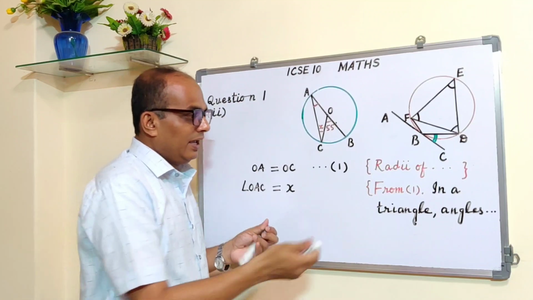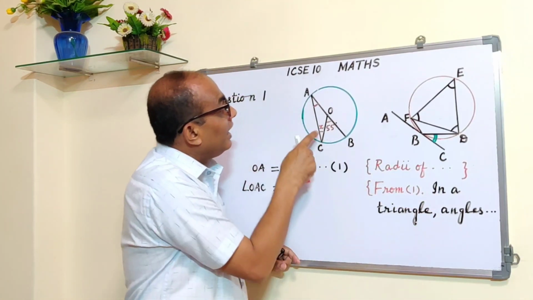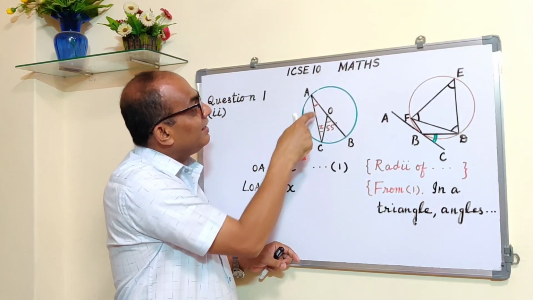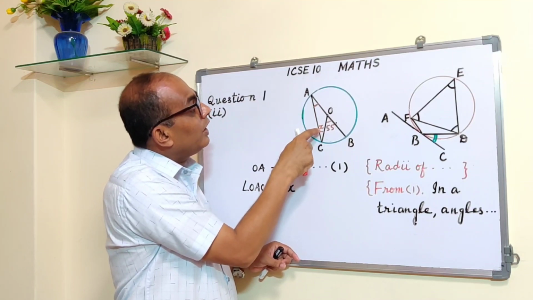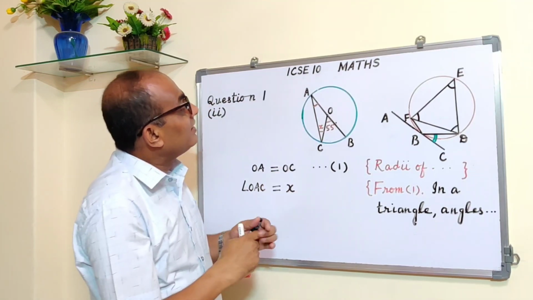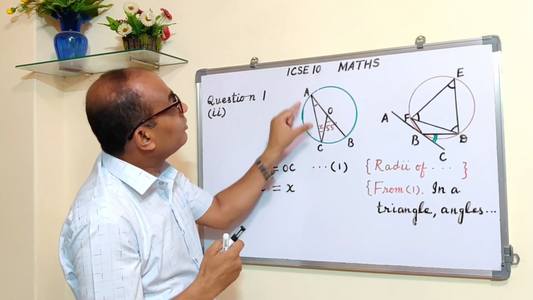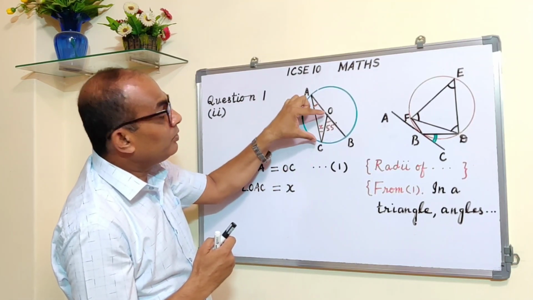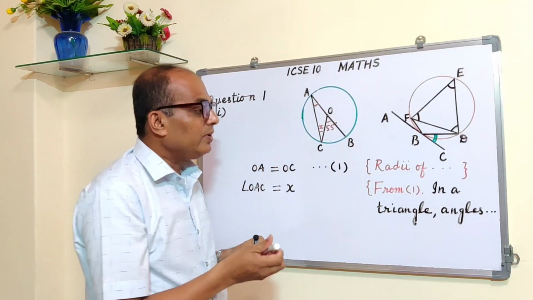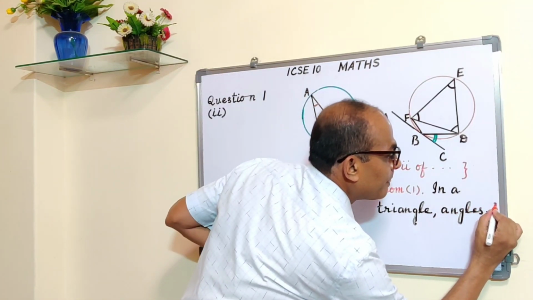You write down in full. In a triangle, these two angles, this angle and this angle, are opposite to equal sides. OA and OC are equal sides. So this angle is opposite to OA and this angle is opposite to OC. So angles opposite to equal sides are equal. Fine.